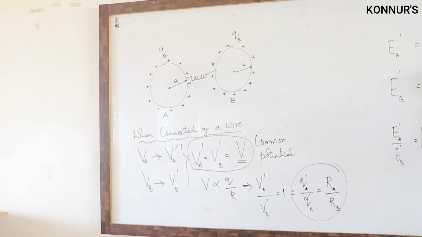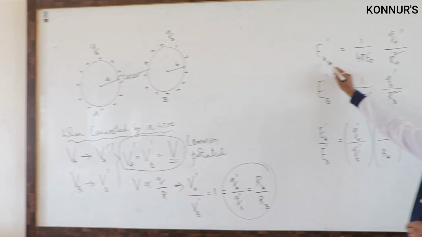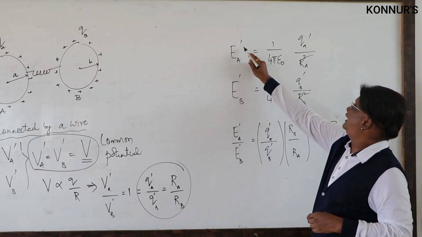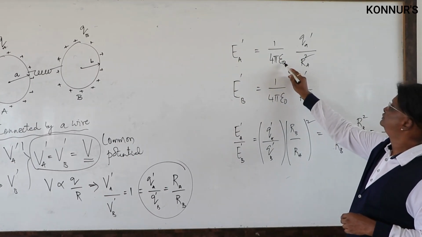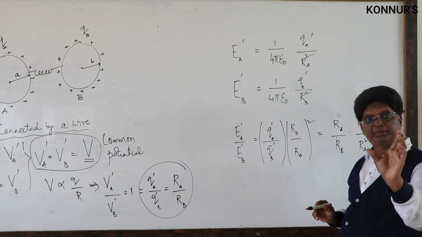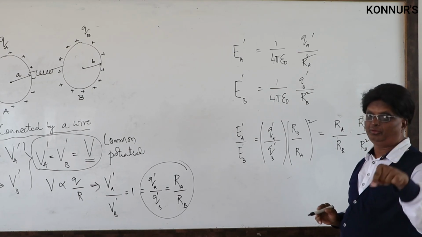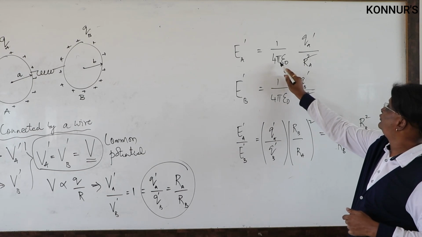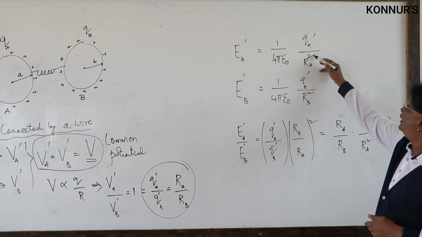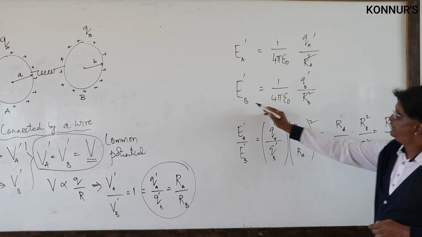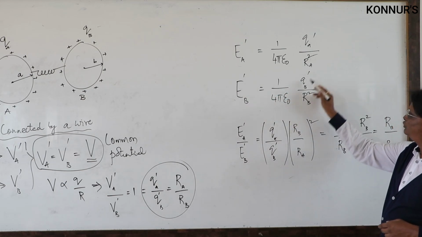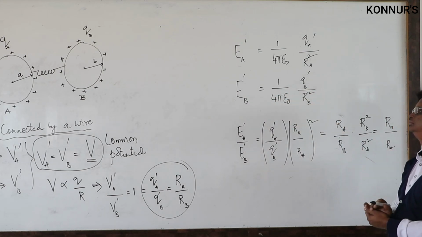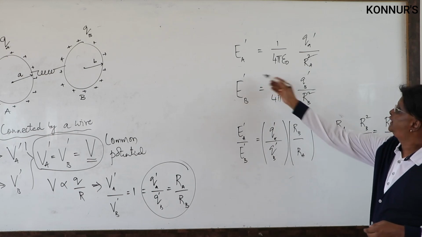After connected by a wire, what is the new intensity? EA dash is 1 by 4 pi epsilon naught, Q by R square. Remember the spherical shell intensity at a surface point. The same I am writing here: 1 by 4 pi epsilon naught, QA dash by RA square, and EB dash is 1 by 4 pi epsilon naught, QB dash by RB square. Now I want the ratio, so I have taken the ratio.